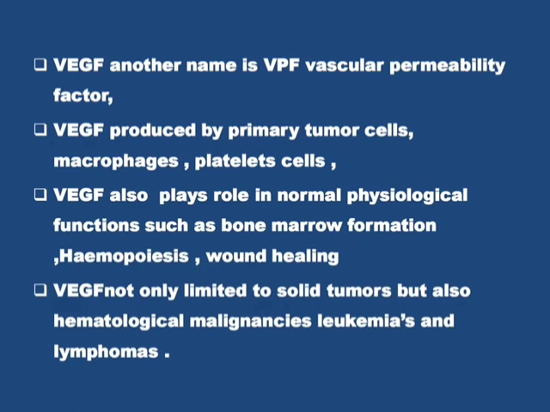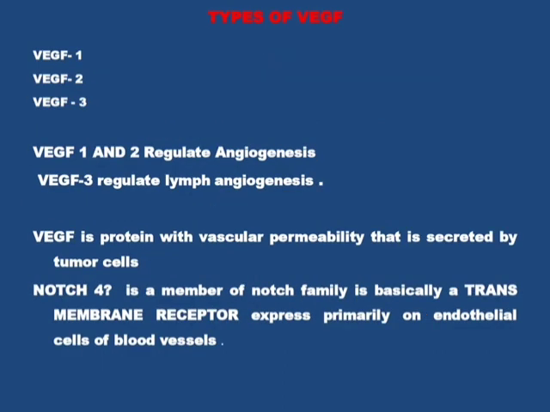So I have told you regarding the directly acting factors responsible for angiogenesis. There are also indirectly acting factors, and they amplify the angiogenic process. These are tumor necrosis factor alpha and beta, transforming growth factor, inflammatory cytokines such as interleukin 6, interleukin 8, granulocyte stimulating factor, platelet derived growth factor, estrogen, and androgen hormones as well.